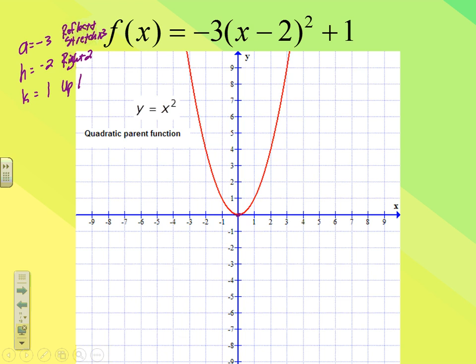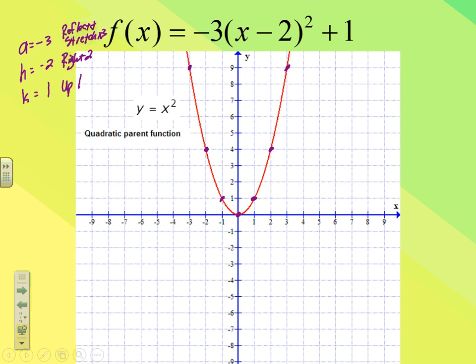So you can see we have the vertex here at 0, 0. I have a point here at +1 and 1 and another one here at -1 and 1. We would have one at +2 and 4 and -2 and 4, and we do have enough room, +3 and 9 and -3 and 9. Those are some good points that we can use to help us do the transformation.